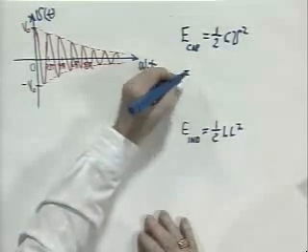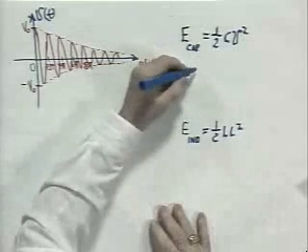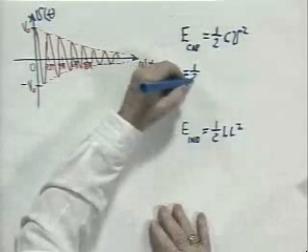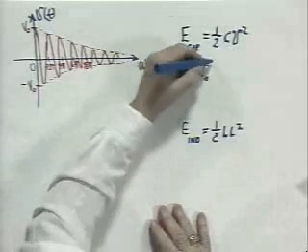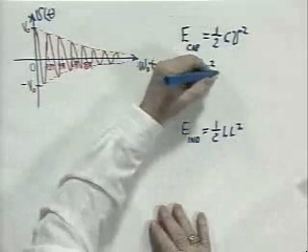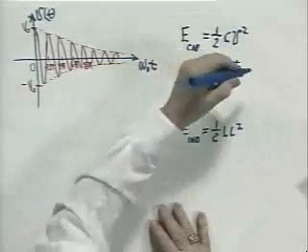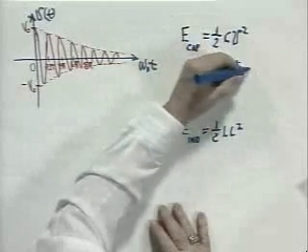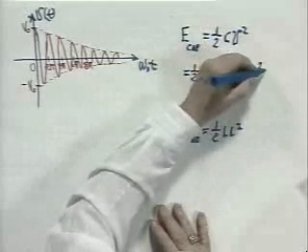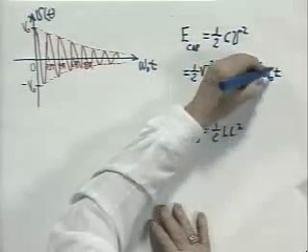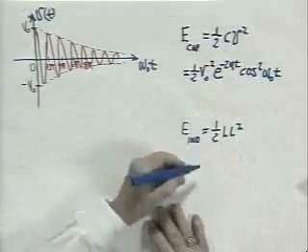So if I take the value we have for V and substitute it in here, I get 1/2 C V0 squared e to the minus 2 alpha t, when I square that term, times cosine squared omega naught t.